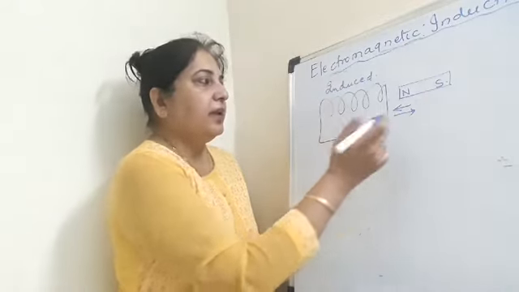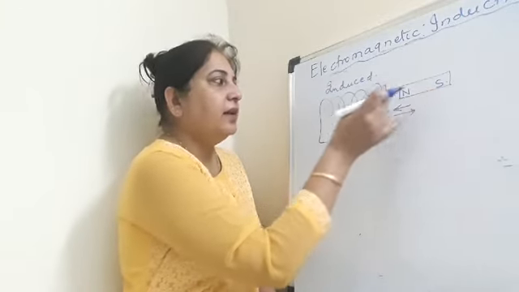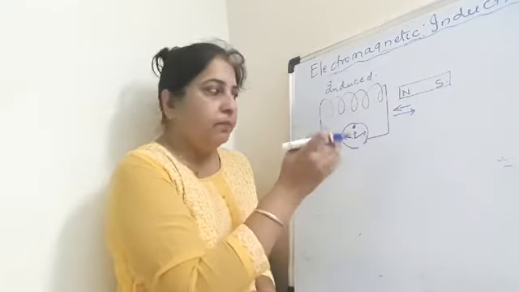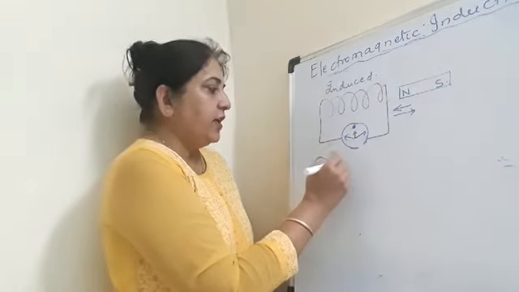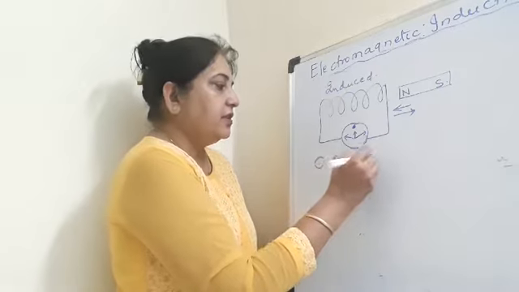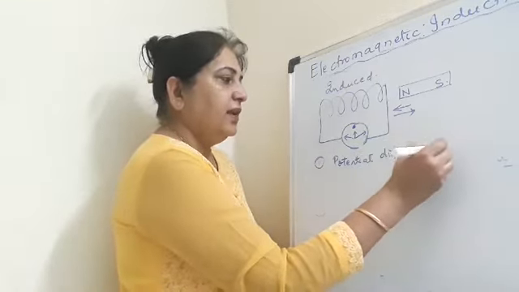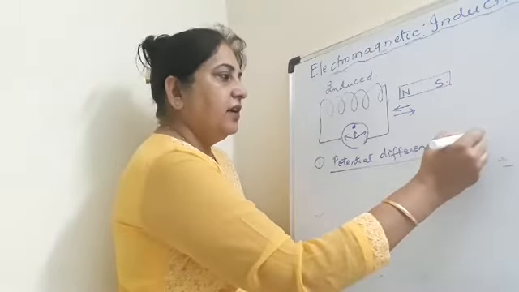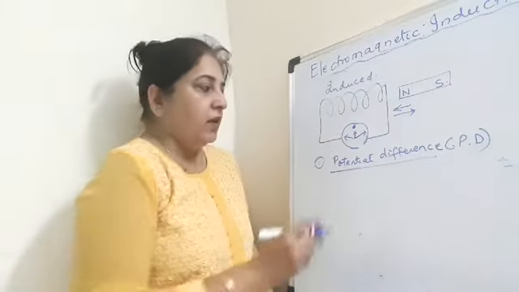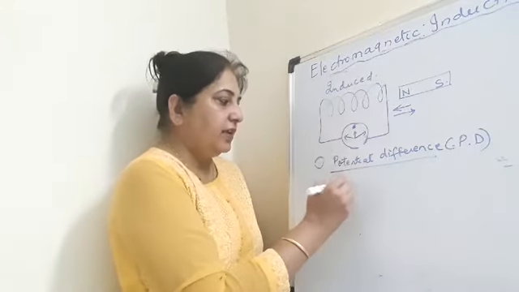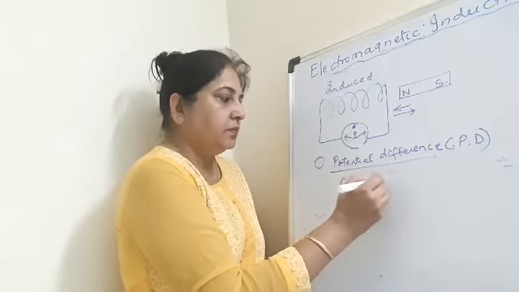Actually, what is happening when we are bringing the magnet inside the coil or outside the coil, or when it is continuously in motion, is that a potential difference is created near the ends of the coil, right? Potential difference we have studied in the chapter on electricity. Now, when this potential difference is induced in the coil, definitely the current starts flowing.